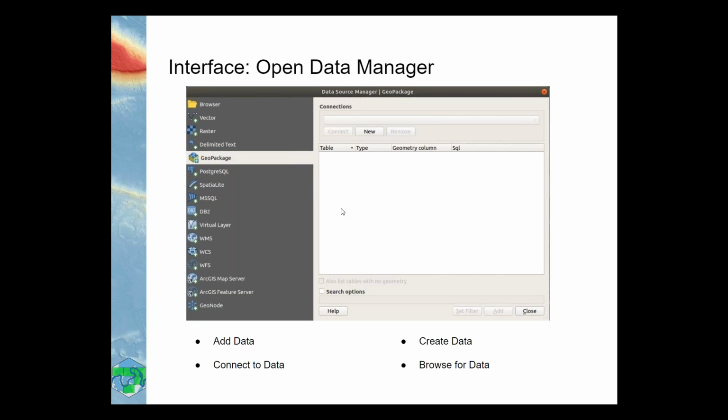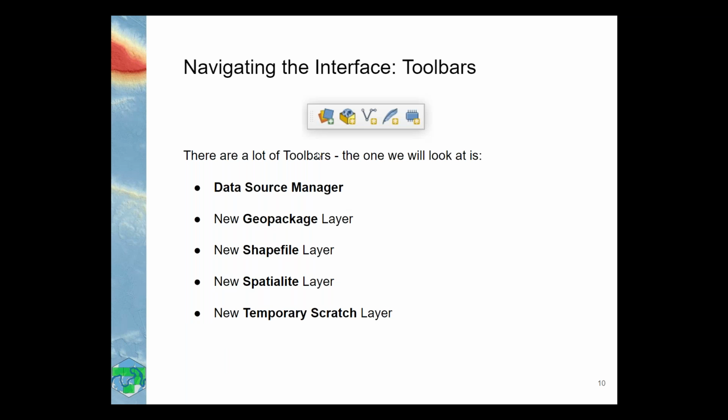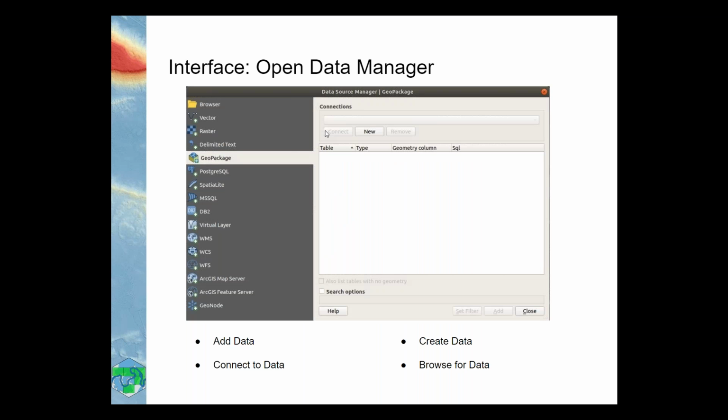You had a button for vector data, a button for raster data, a button for importing CSVs, a button for this, a button for that. And so they decided to take all those buttons and make one button. So you have to click the one button to get to the other buttons.